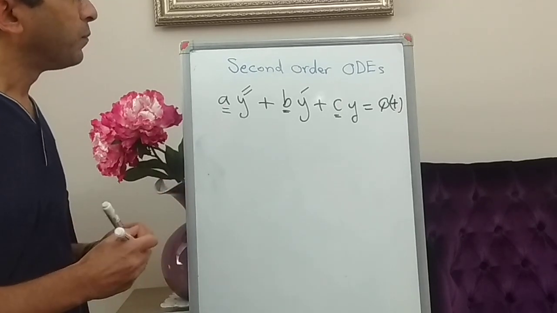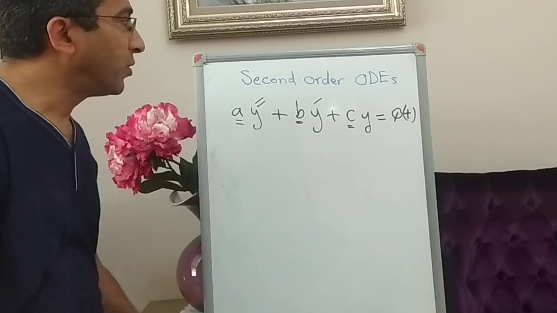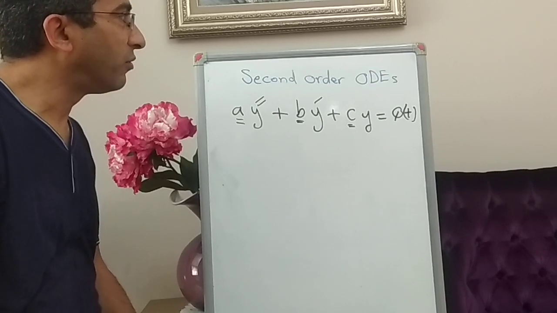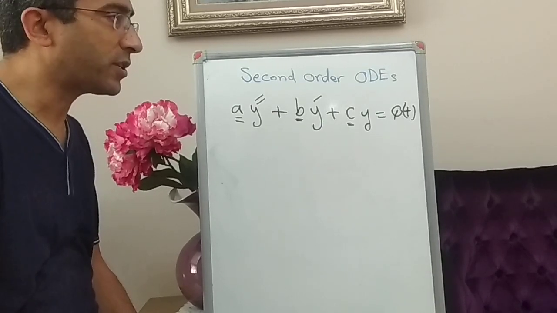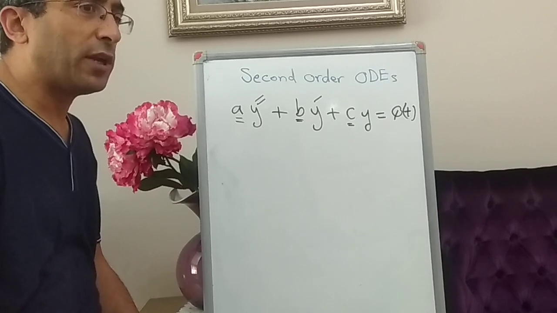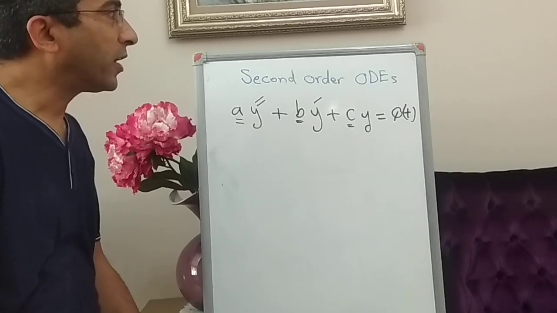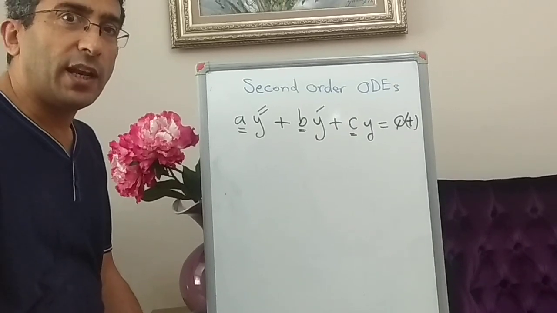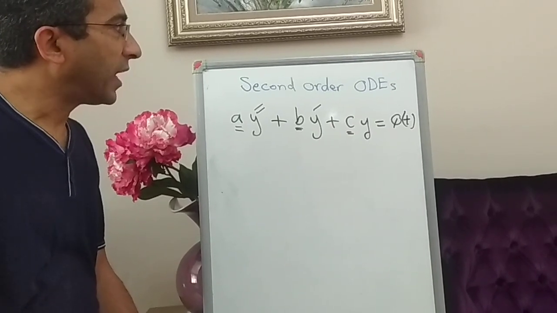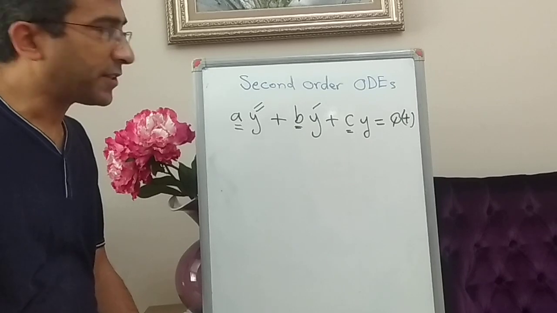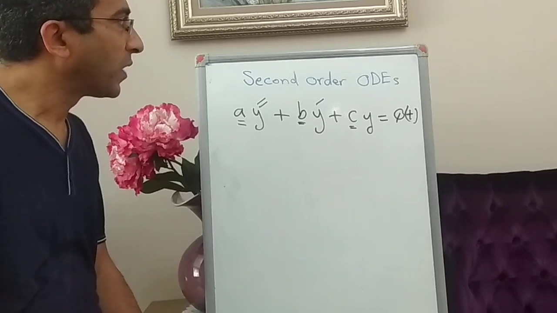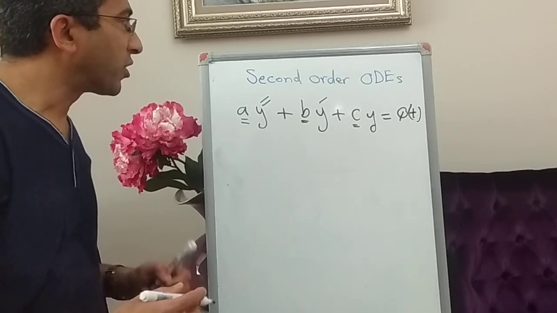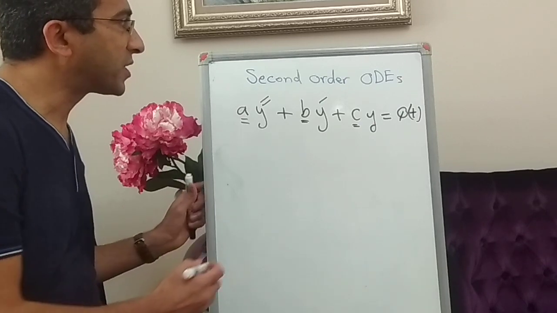Before I start to solve these types of equations, I would like to mention where you will see these types of equations in real life or in engineering practice. I'm looking, of course, for the solution for this equation.